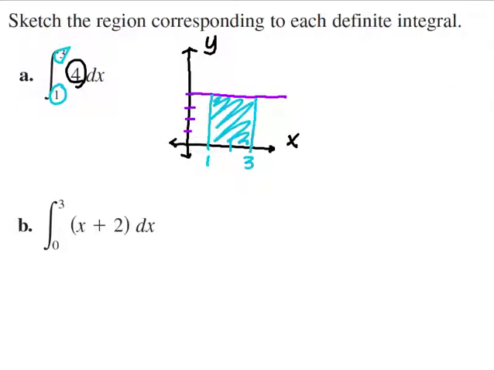This says you want to take the integral of x plus 2 from x equals 0 to x equals 3. So let's go ahead and look at this. X plus 2 is a line. What can you tell me about that line? Okay, be more specific.